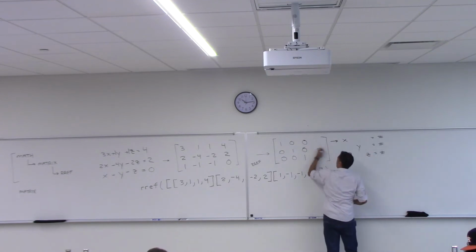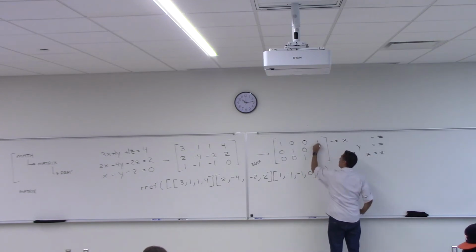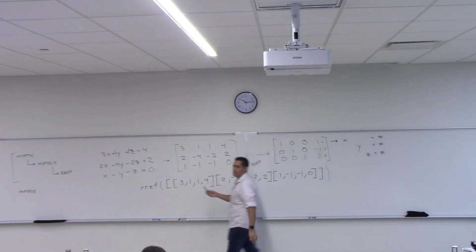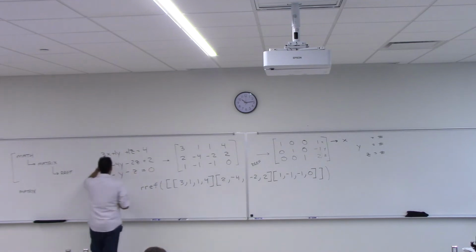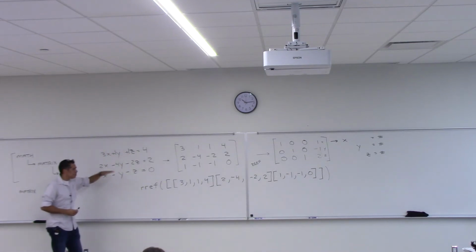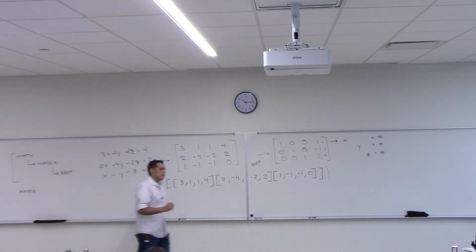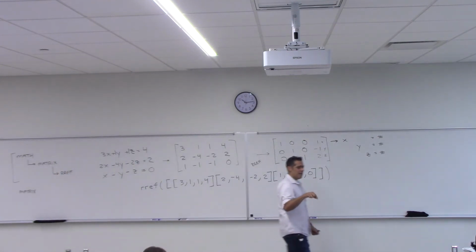What answers did we get here? We got 1, -1, 2. This is your x, your y, and your z. So that means that if you plug those values in for x, y, and z, it will solve all of those equations simultaneously.